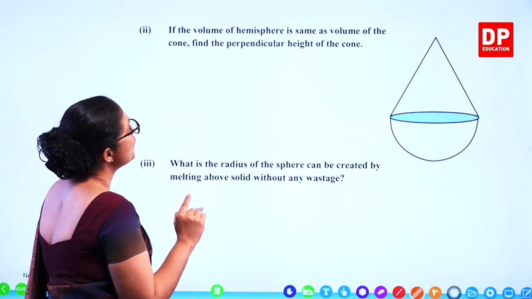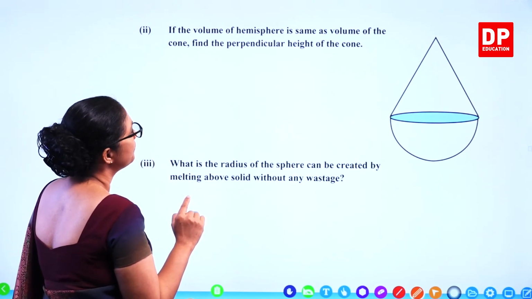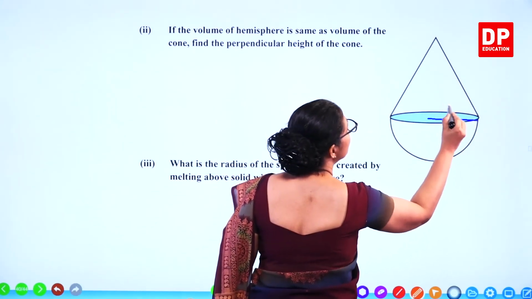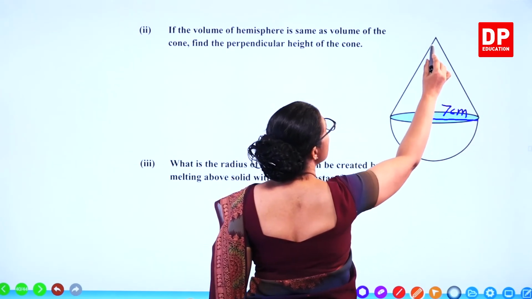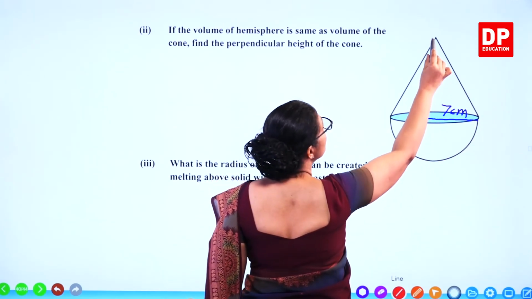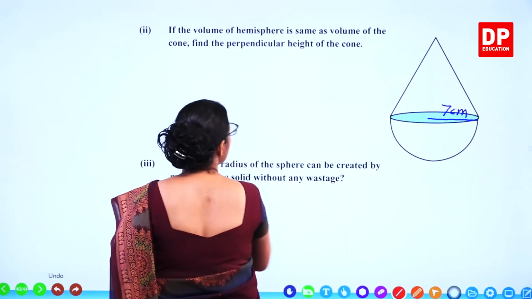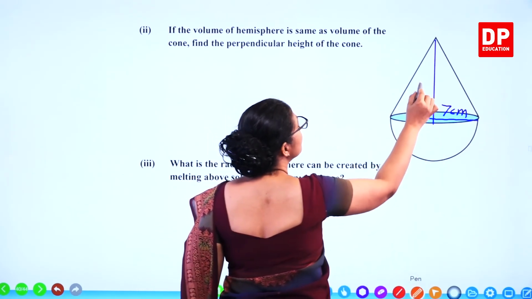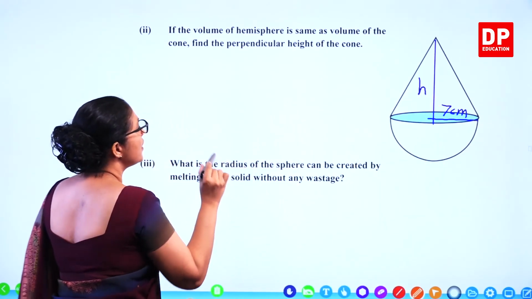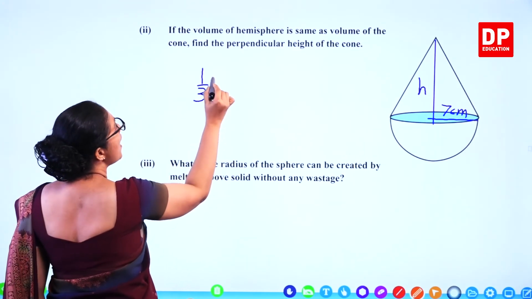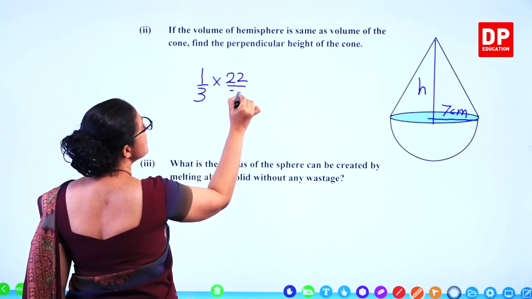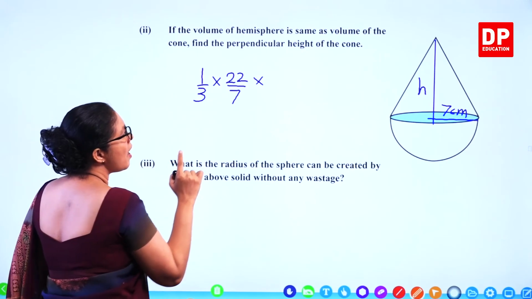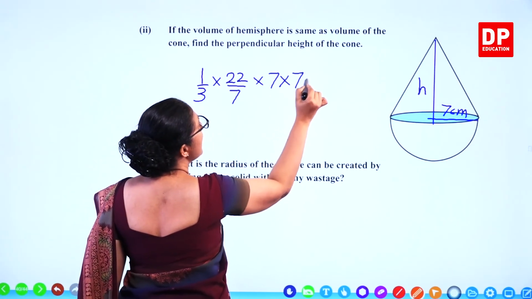If the volume of hemisphere is same as volume of the cone, find the perpendicular height of cone. So we know this is 7. Height we can take as h. So what's the volume of cone? 1/3 pi r squared h, that's 1/3 times 22 over 7 times r squared h.